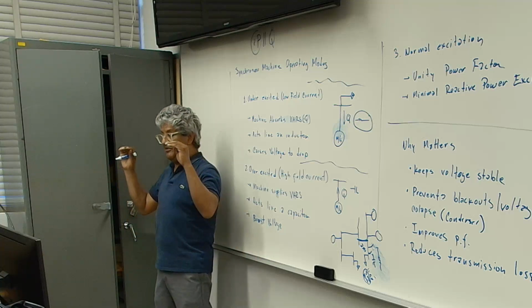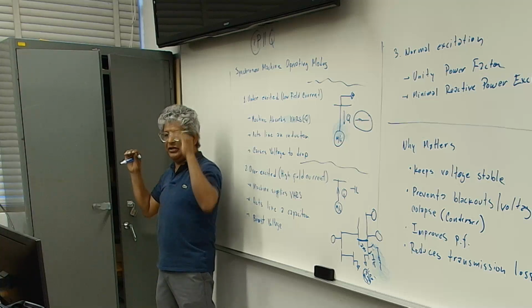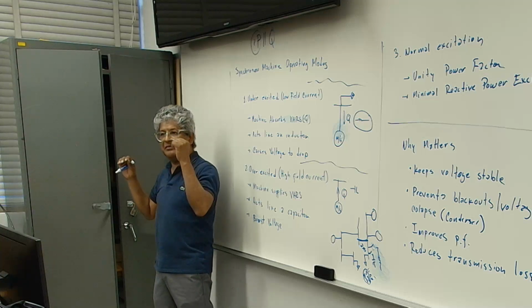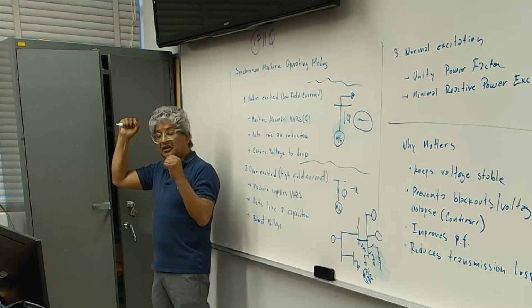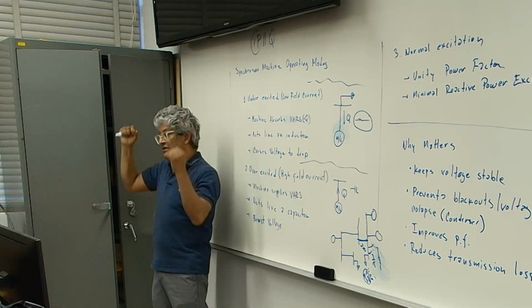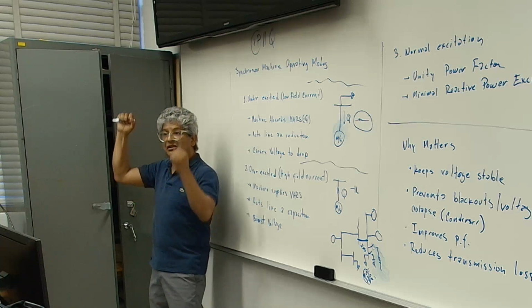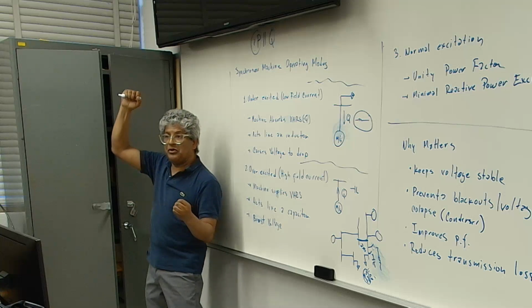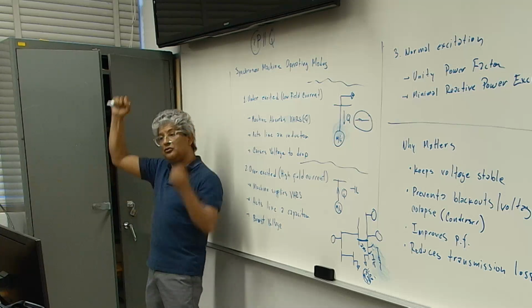So the machine, depending on the excitation, overexcited, increases the voltage in the system that it is connected to. Those are really good things because the system is experiencing variations in voltage throughout the day, right? Those changes go from high to low, low to high.